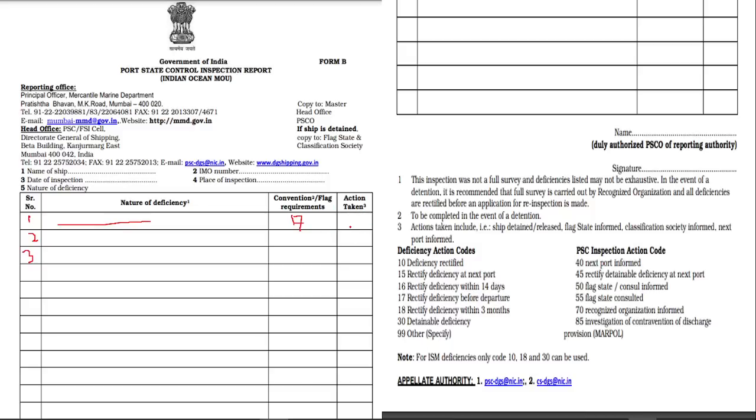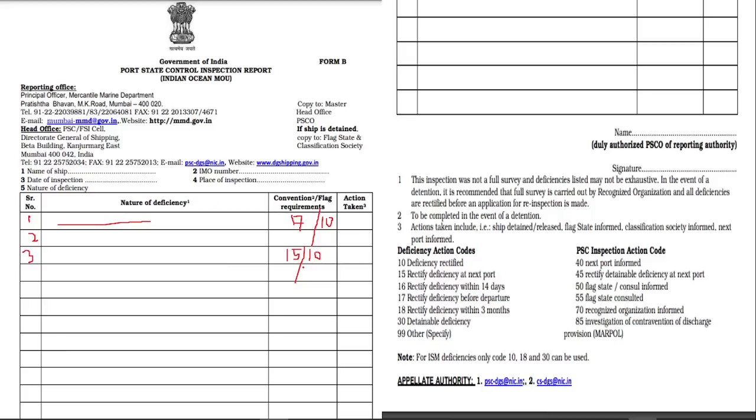After that, when your problem is rectified, they will write slash 10. It means they had given 17, after that 10. Now suppose you have been given code 15, so the next port PSC will come and they will check, and then they will change it to 10.